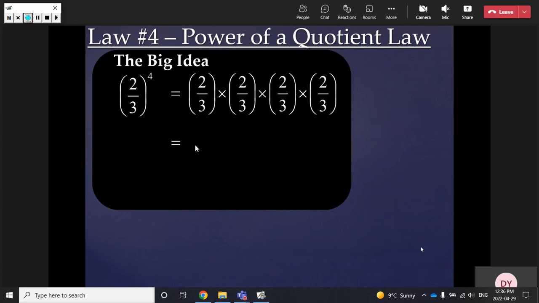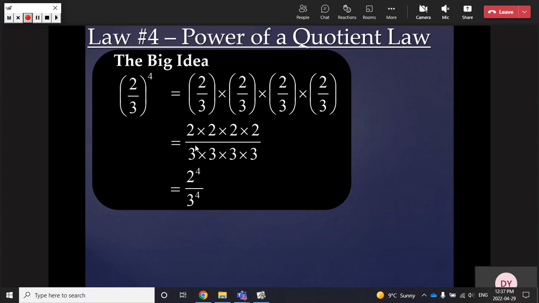When we write that out, it might look like that. If we simplify so that the top is a single power and the bottom is a single power, we would have 2 to the exponent 4 over 3 to the exponent 4.